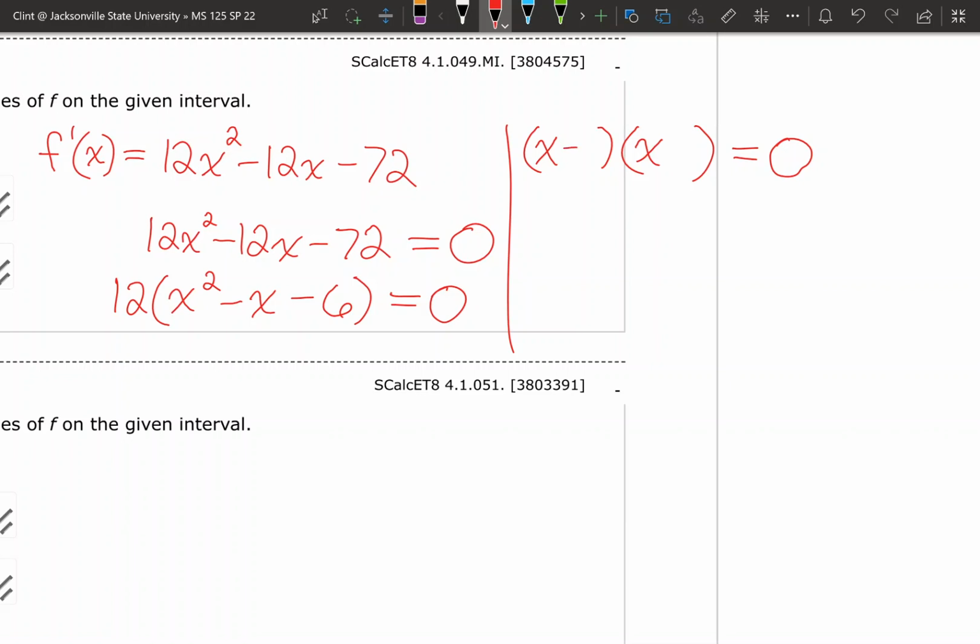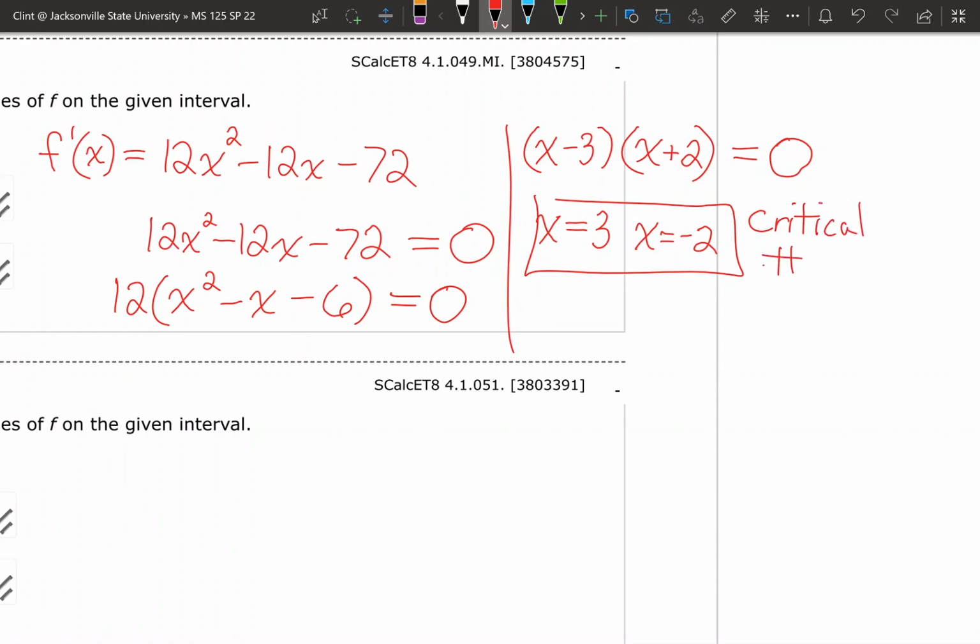Negative 3, positive 2. Set each factor equal to 0 and solve. So we get x equals positive 3 and x equals negative 2.